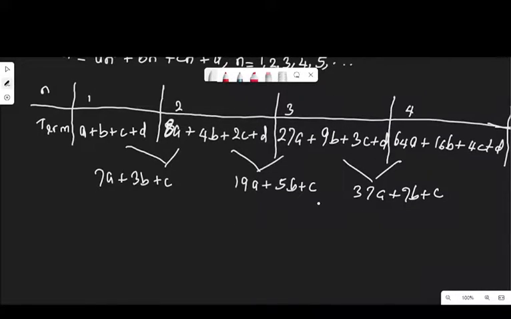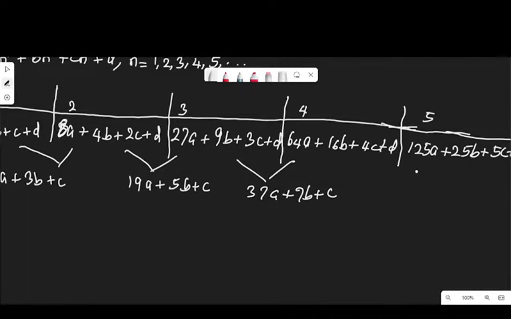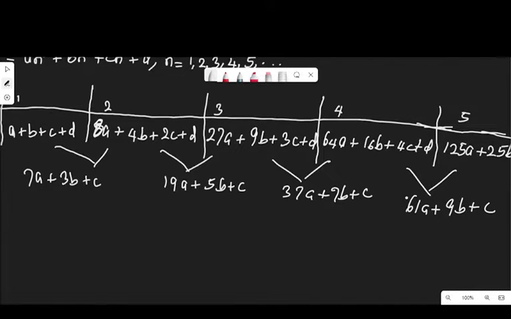I still need one more. 125 minus 64. That is 61. We have 61a here. Plus 25 minus 16, 9b. Plus c, that is 5c minus 4c. Okay, that is the first order difference.